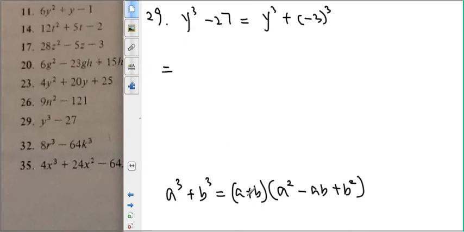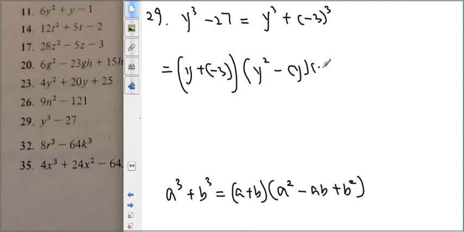The first one is the same as they are without the exponent. So we have y plus negative 3. And then the first one squared, which is y squared, minus a times b, which is y times negative 3, and then the last one is plus negative 3 entire thing squared.